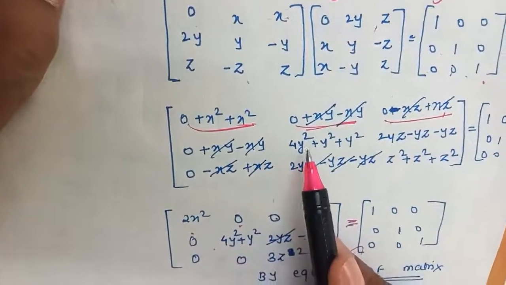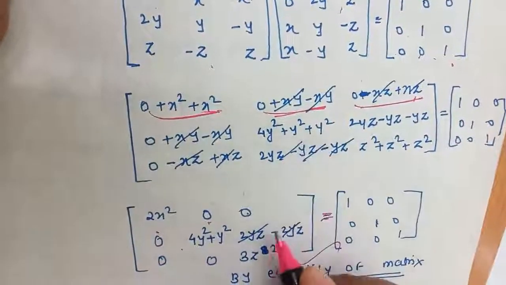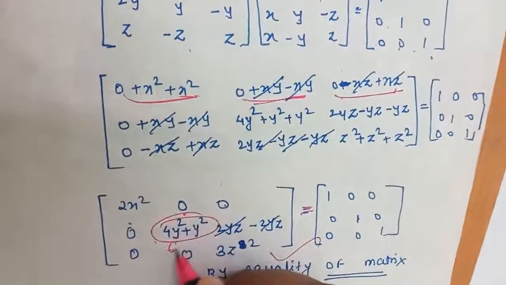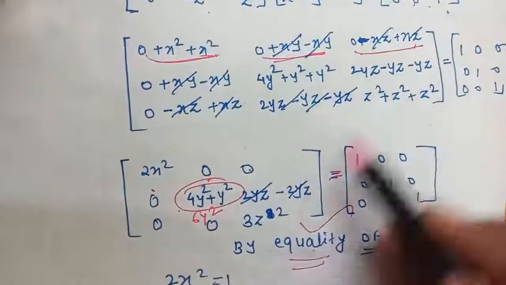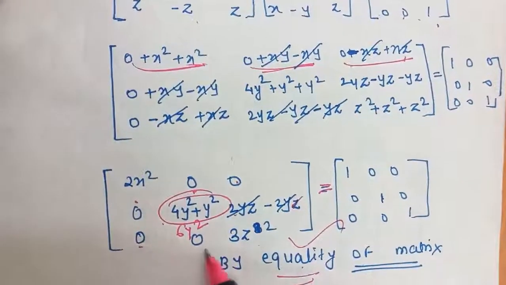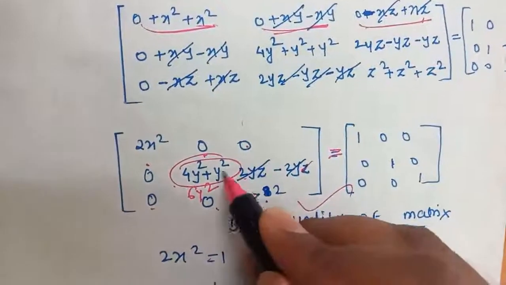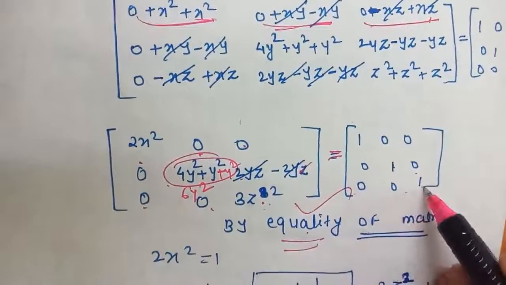This is actually 4y square plus y square plus y square, so it is 6y square. So instead of writing this, I will write just 6y square here. Then 2yz minus 2yz cancel, and last will be 0, 0 and 3z square, and here 1, 0, 0, 0, 1, 0, 0, 0, 1.